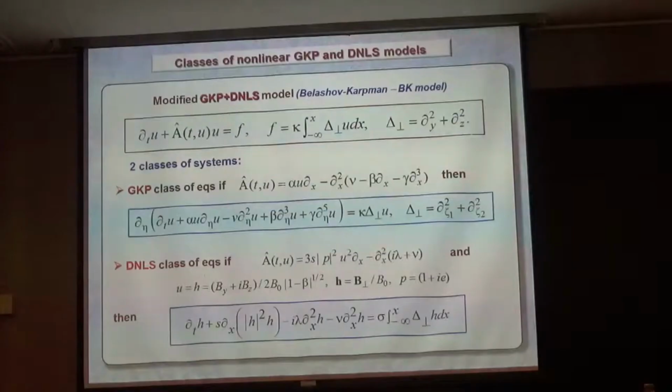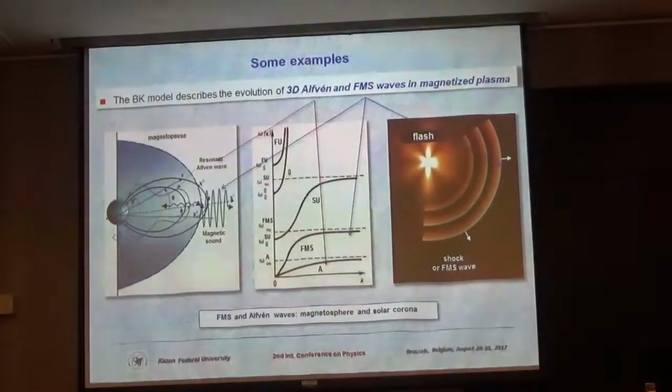Here U has a sense of dimensionless magnetic field of the wave. So, the model can describe the evolution of three-dimensional Alfvén and fast magnetosonic waves in magnetized plasma, for example, in magnetosphere and solar corona.